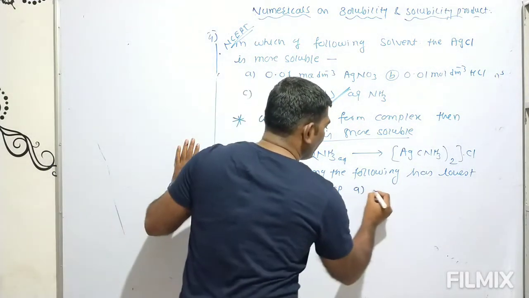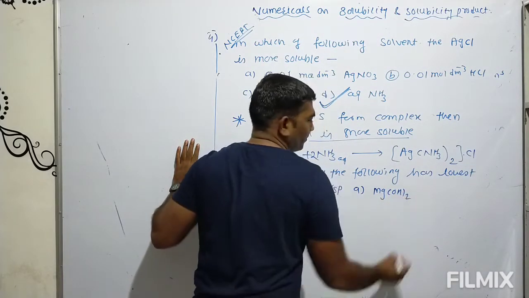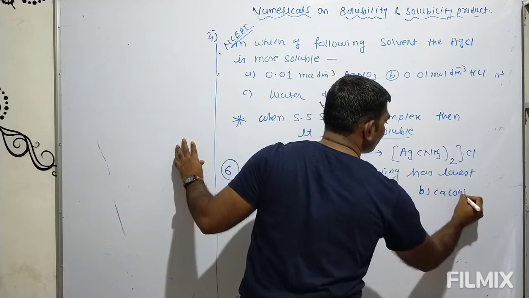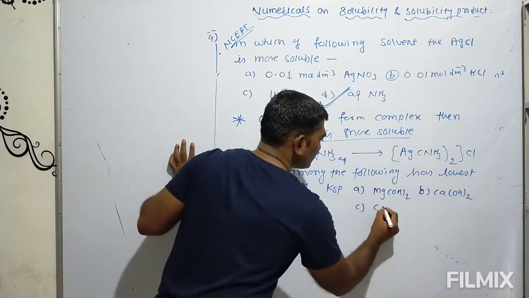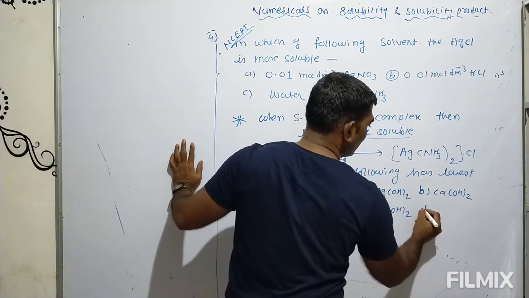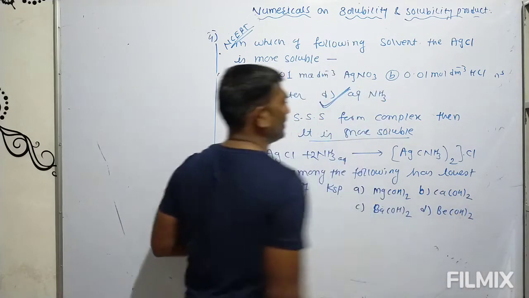Options are: A, Mg(OH)2, B, Ca(OH)2, C is Ba(OH)2, and D is Be(OH)2.